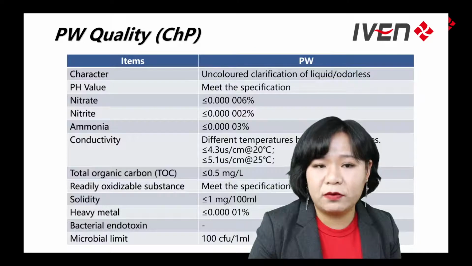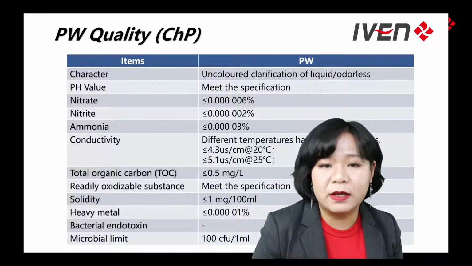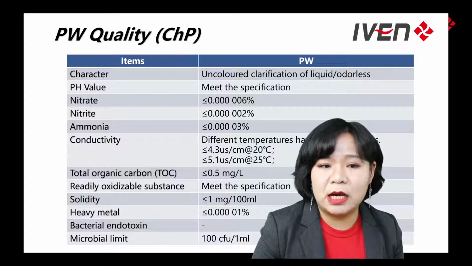We will give you the design according to your raw water and your final production water standards, and give you the solution about the water treatment to do the different designs on each part, and dealing with the water to the PW.